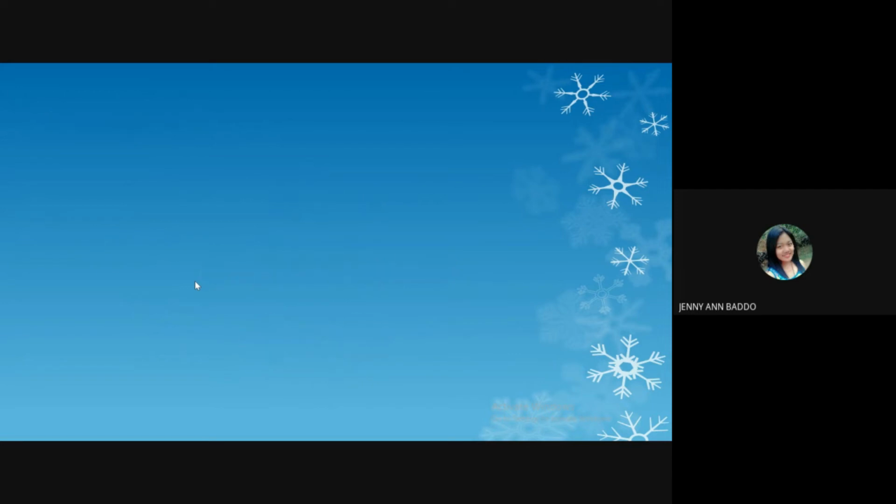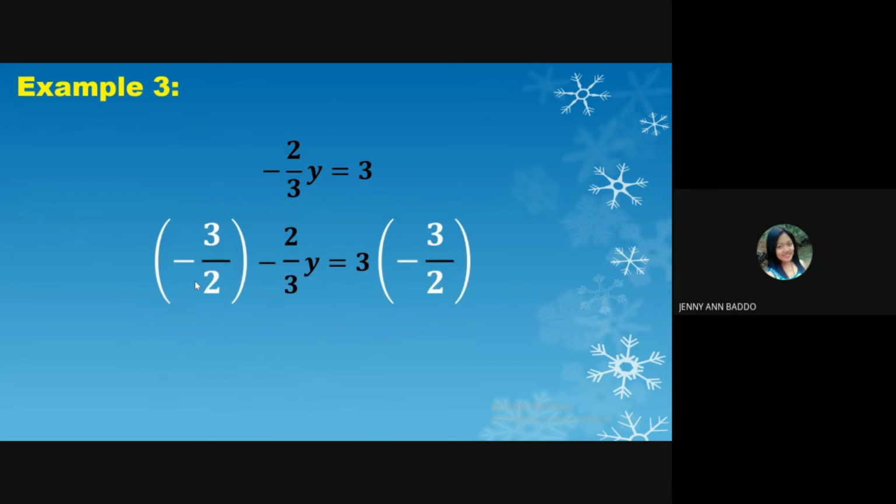Another example, negative 2/3 y equals 3. This time, the numerical coefficient of y is a fraction. It's negative 2/3. So we have to look for its multiplicative inverse, and that's negative 3 over 2. So multiplying negative 3 over 2 to both sides of the equation, we have the number times the multiplicative inverse, that is 1 times y, so we have y.